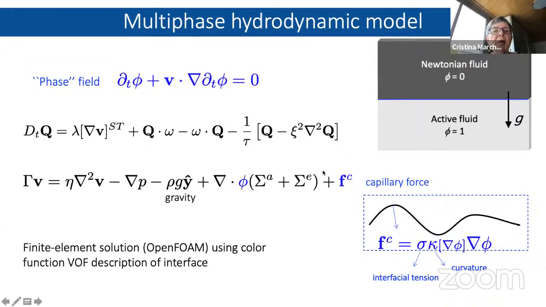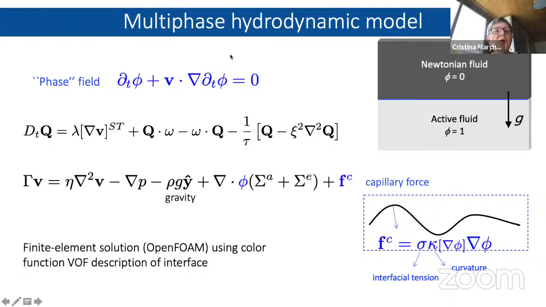And in addition, we add to the flow equation capillary forces that arise from deformation of the interface, and therefore are proportional to the interface curvature, which depends on gradient of phi, and to gradients of phi itself, as well as to the surface tension. So these are the passive restoring forces that, upon fluctuation of the interface, tend to restore a flat interface.